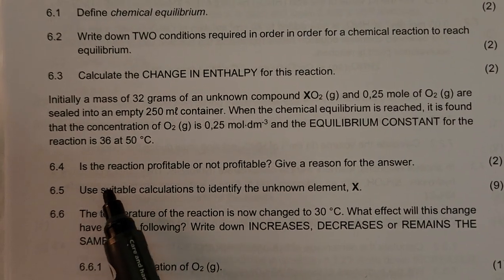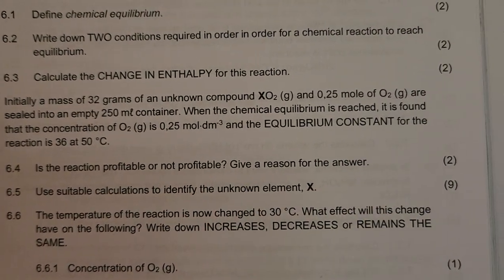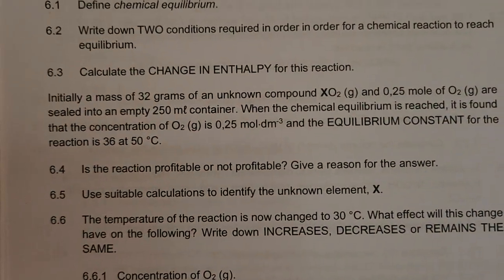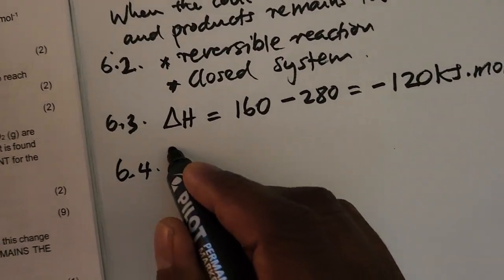Therefore, 6.4, is the reaction profitable or not? Give reason. So with the Kc of 36, yes, the reaction will be profitable.